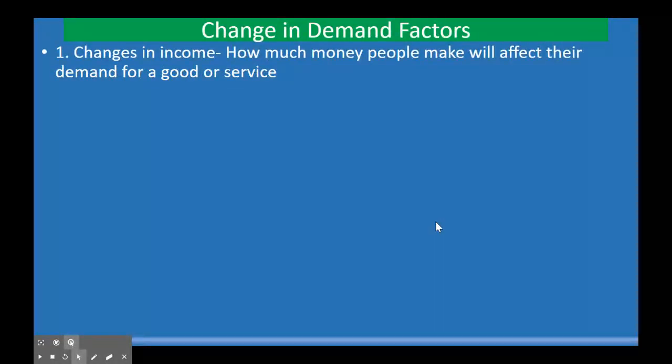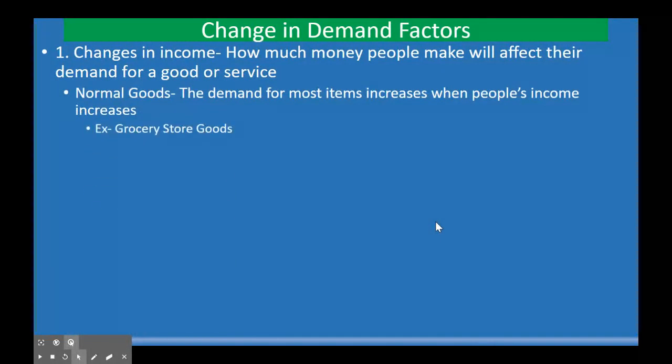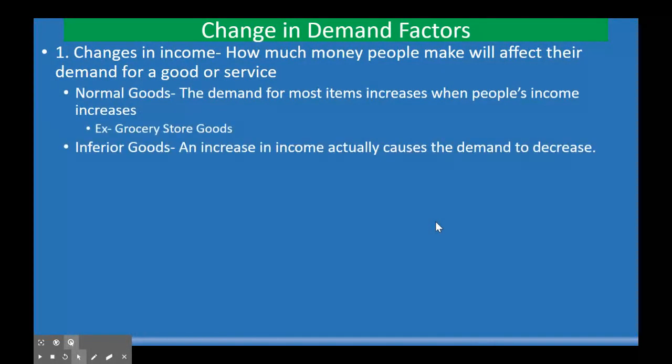So let's look at some of the change in demand factors. The first one would be changes in income. How much money people make will affect their demand for a good or service. And we would use this in looking at two types of goods that usually are associated with this.